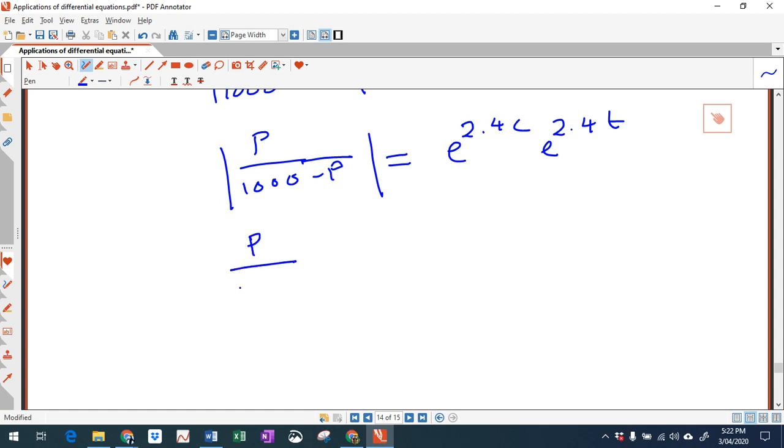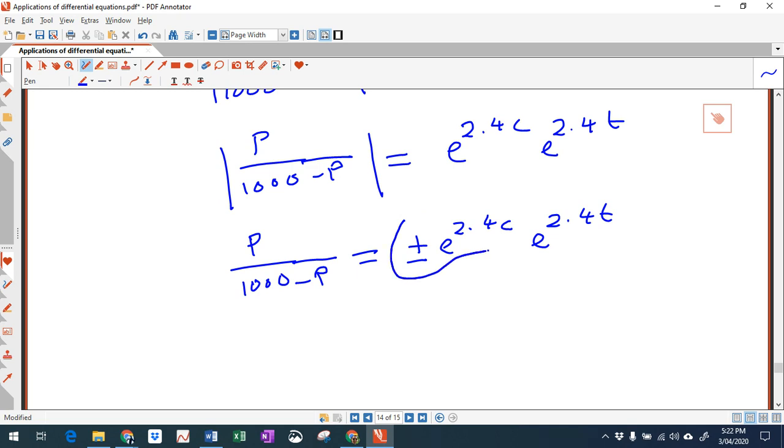So P over 1000 minus P is equal to plus or minus E to the 2.4C and E to the 2.4T. Okay, this is just a constant. So we can write down that P over 1000 minus P is equal to A E to the 2.4T.